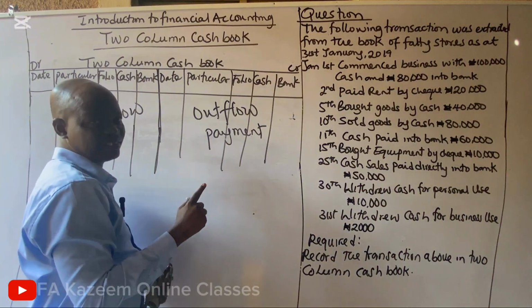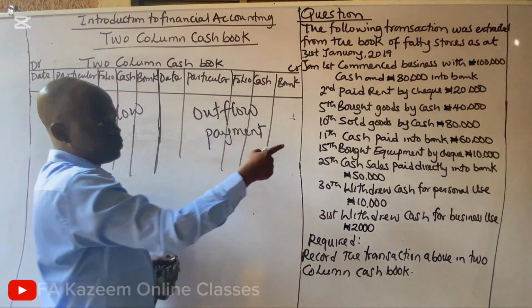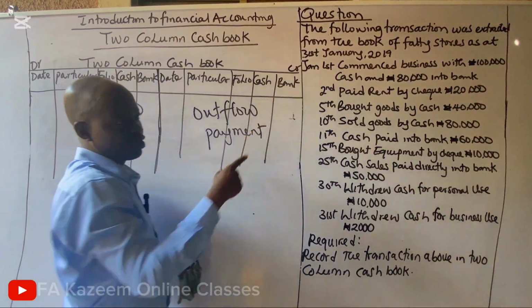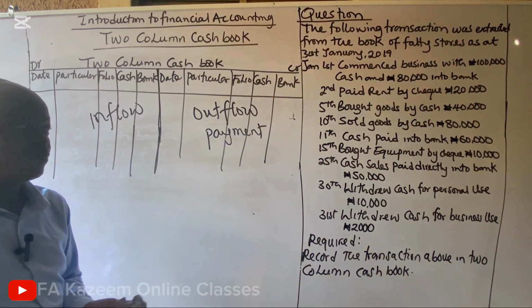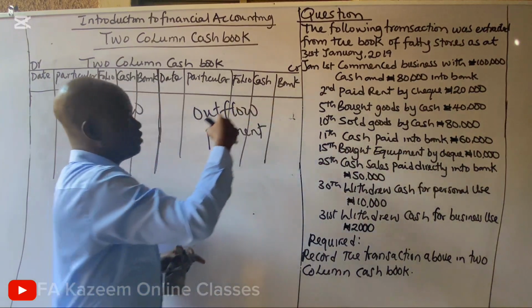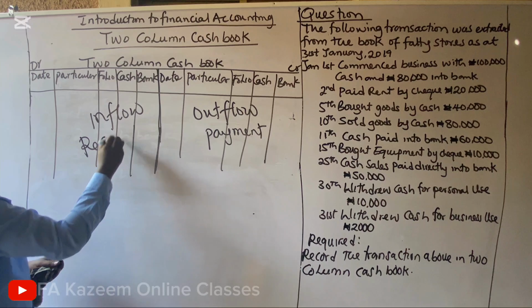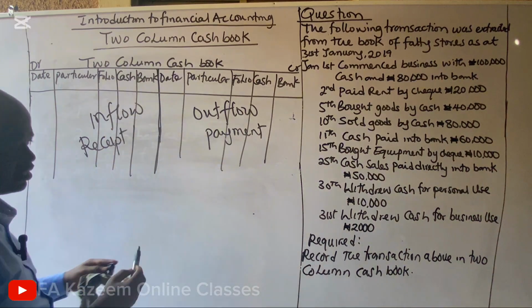And any payment made through the bank will be posted on credit, which means if you make any payment through the bank, you put it on credit. If you make any inflow through the bank, you put it on debit.